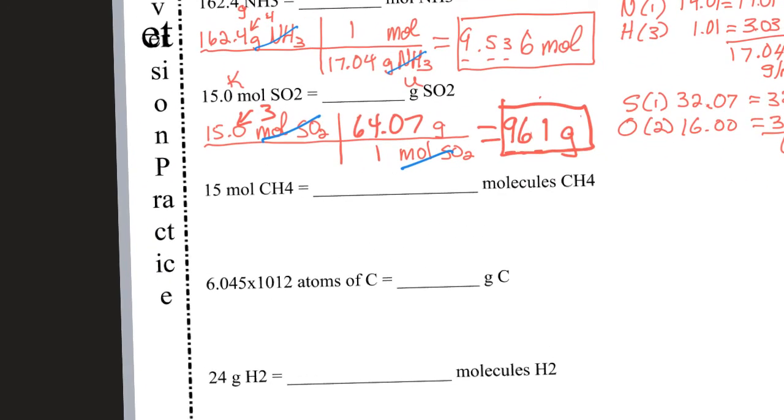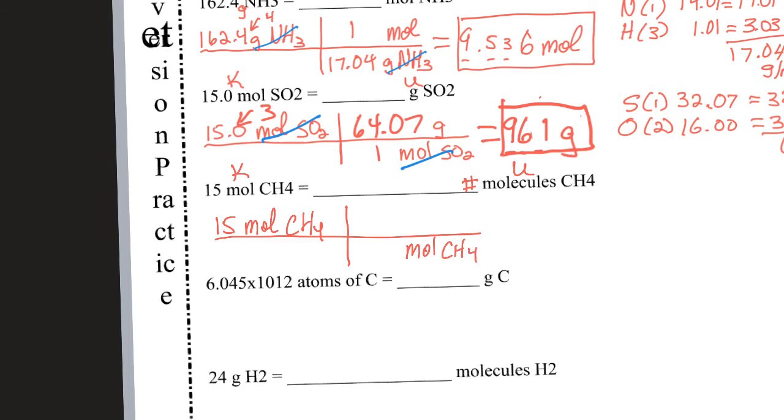Now for your next one. Now we're starting to change things a little bit here. Now we're not going from grams to moles or moles to grams. We're going to be going to molecules. Same as usual. This is my known. I'm starting with moles. And this time I'm going to go to an unknown number of molecules. So put it in the table. 15 moles of CH4. If I have moles of CH4 on the top, I'm going to want moles of CH4 on the bottom.